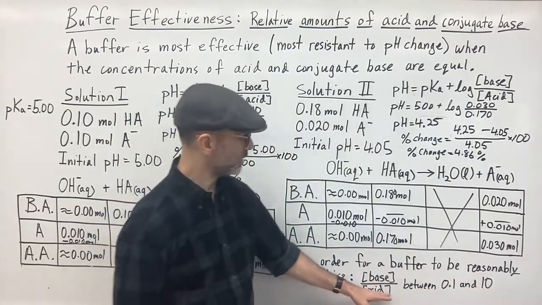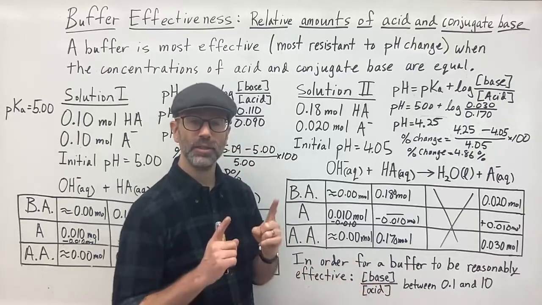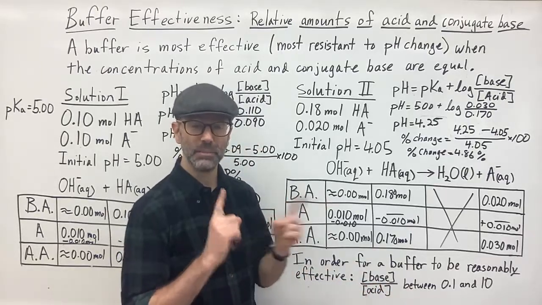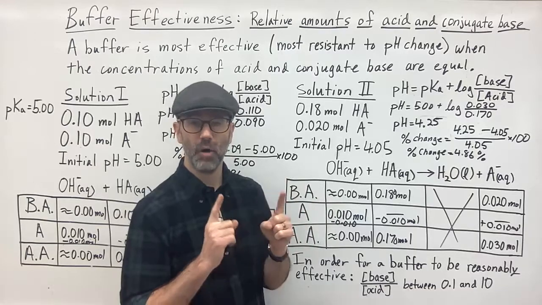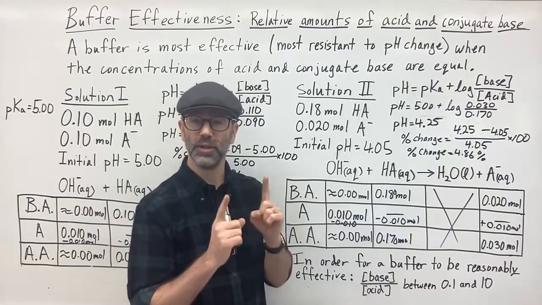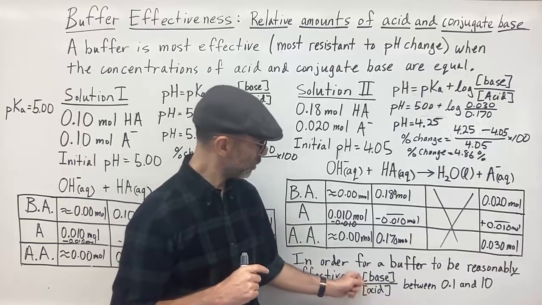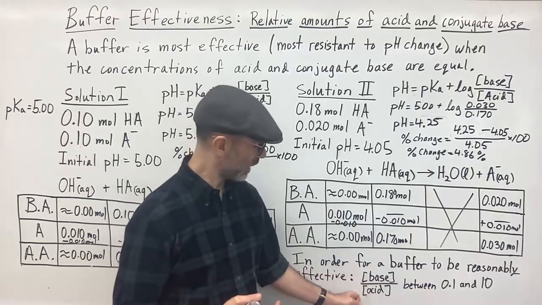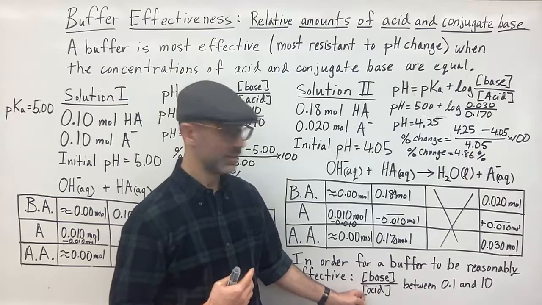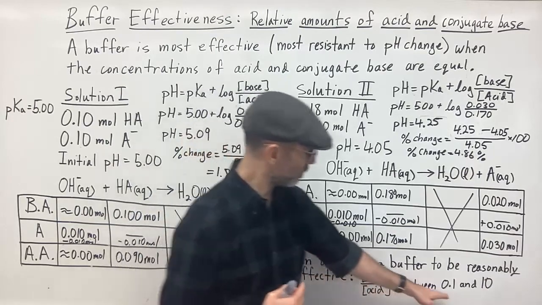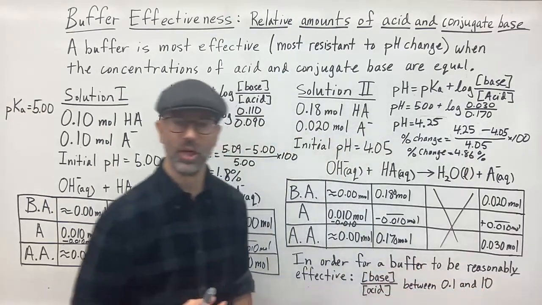And what that means is that the difference in the amount of acid and base should be no greater than a factor of 10. So either the base is 10 times greater than the acid, or the acid is 10 times greater than the base. That's where the 0.1 and 10 come in.